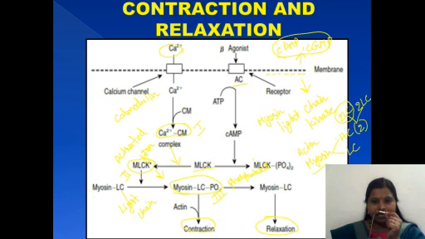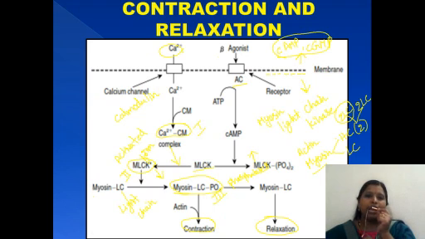So as the MLCK is getting converted more and more to MLCK phosphorylated form, due to the availability of the cyclic AMP, the MLCK phosphorylated form concentration is increasing. And here there will be unavailability of the MLCK activated form.